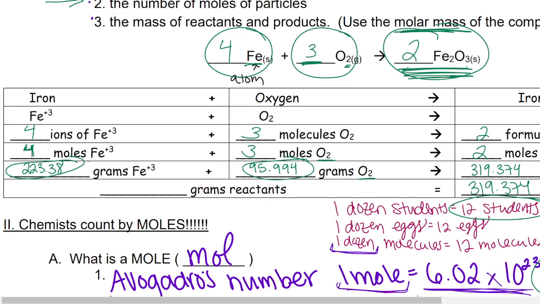Add those two together, and it should, if we did everything correctly, end up being the exact same number. So 223.38 plus 95.994. And does it come out to the same thing? Yes, ma'am. Yes, of course. 319.374.